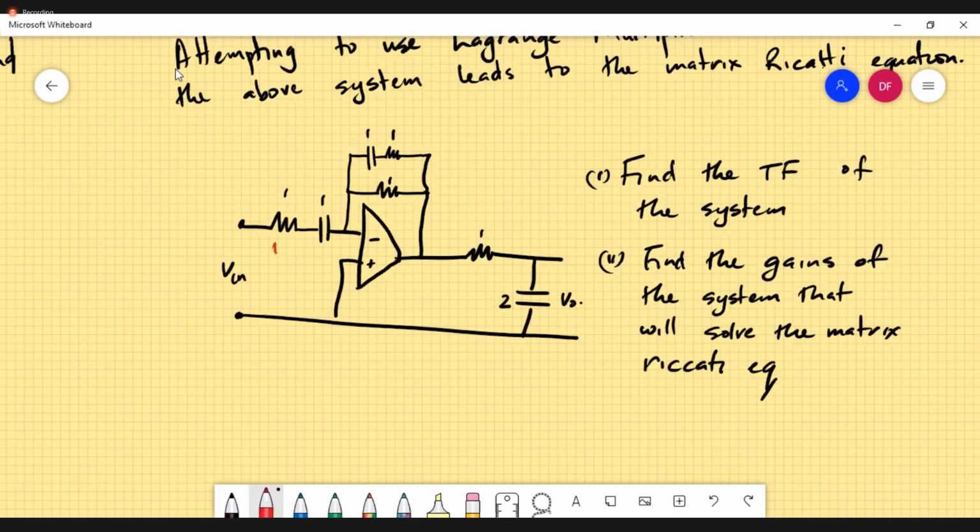This is 1, this is 1 over s, this is 1 over s, 1, 1, 1, 1 over 2s. So we divide this in 2. Call this one g1, call this one g2.